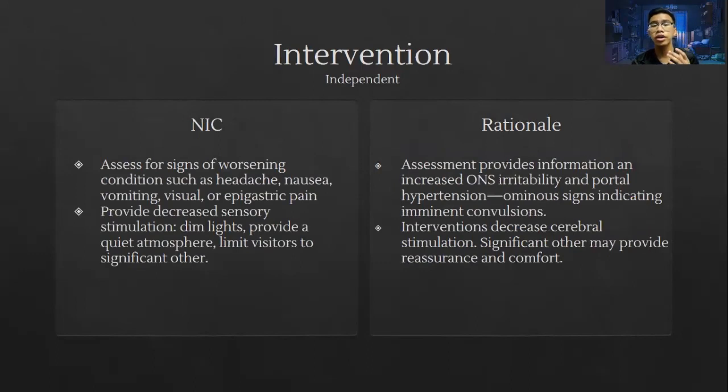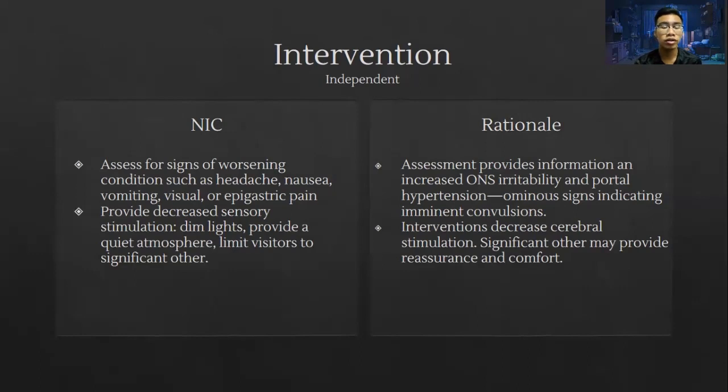Okay, next is our intervention. We'll start with the independent intervention. First, assess for signs of worsening condition such as headache, nausea, vomiting, visual disturbances, and or epigastric pain. The rationale is that this assessment provides information on increased irritability and portal hypertension, thus leading to ominous signs indicating imminent convulsions.